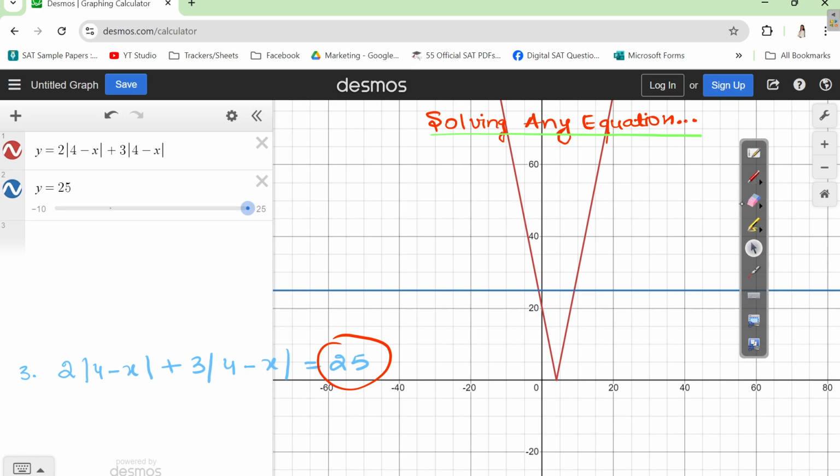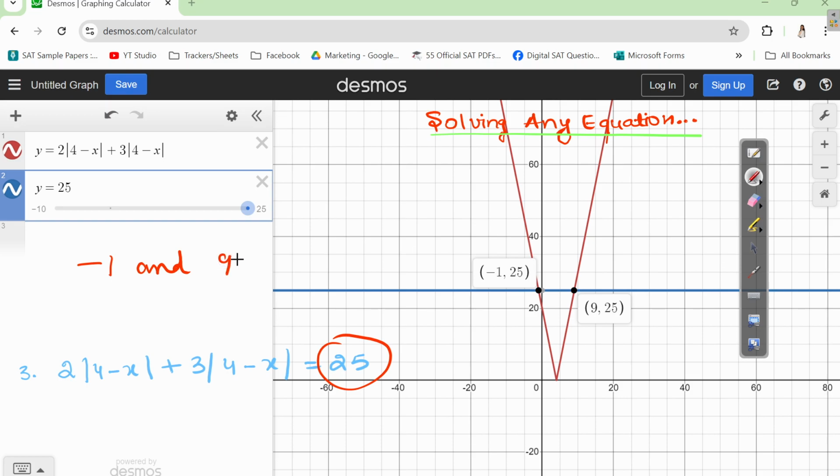It's like a reverse A. Now what are the points of intersection? The points of intersection are these two, (9, 25) and (-1, 25). Right, so the solutions are -1 and 9.